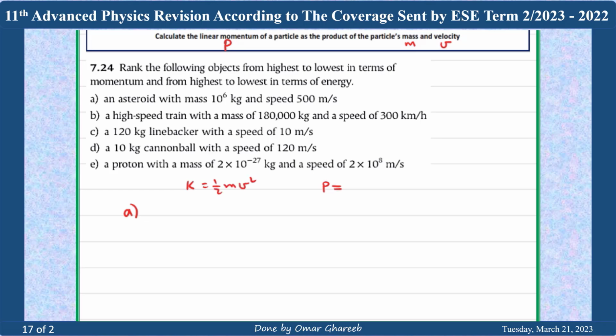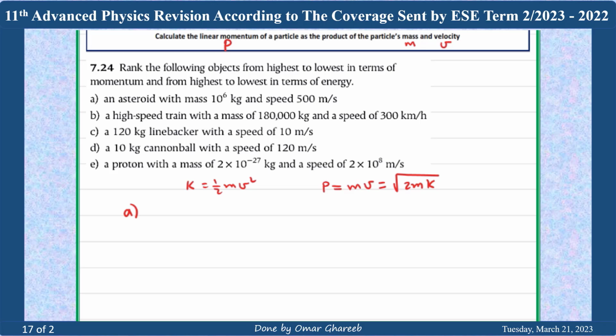The momentum is m times v. Or we can also use for the momentum this expression, if you remember, square root of 2m times K. First, I will show you the first one, then I will give the answers for the others as practice for you.